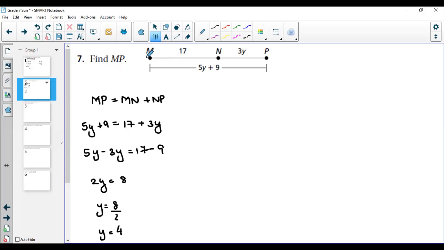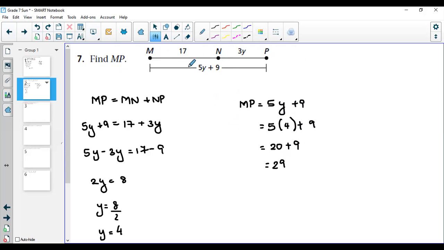So let's find the length of MP. They gave us MP is 5y plus 9, which means in place of y we substitute 4, so 5 multiplied by 4 plus 9, so that will give you 20 plus 9, which is going to give you 29.